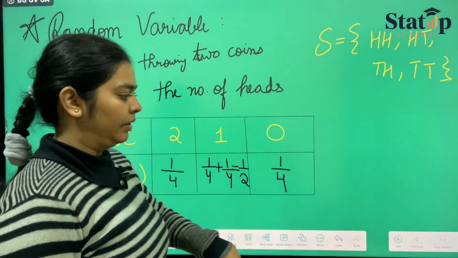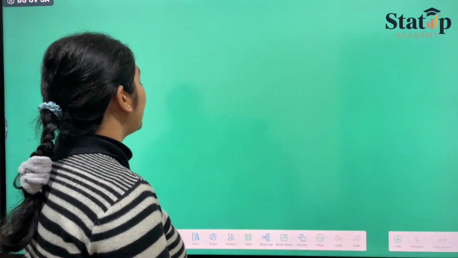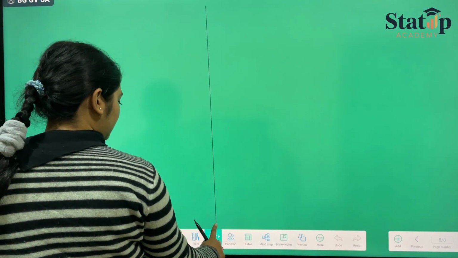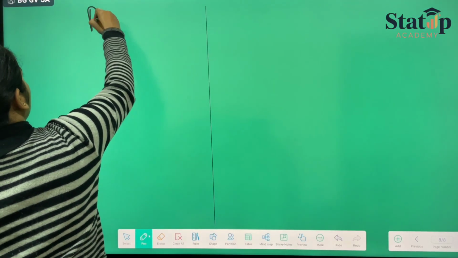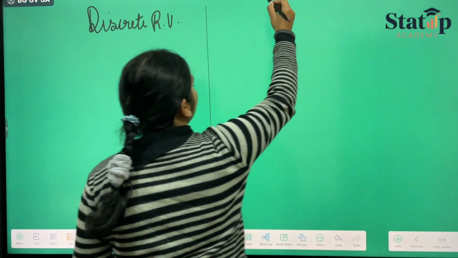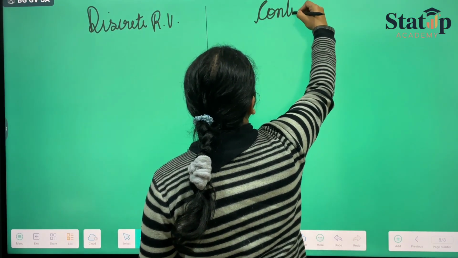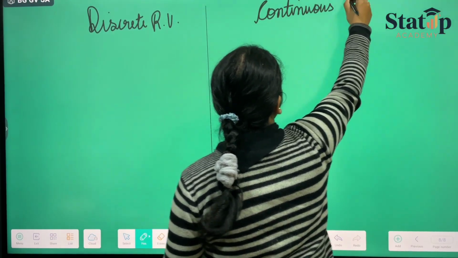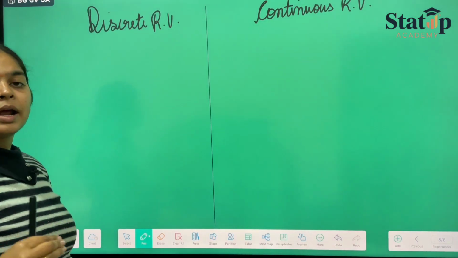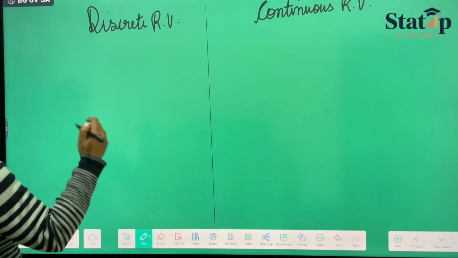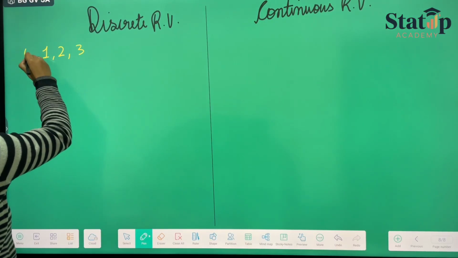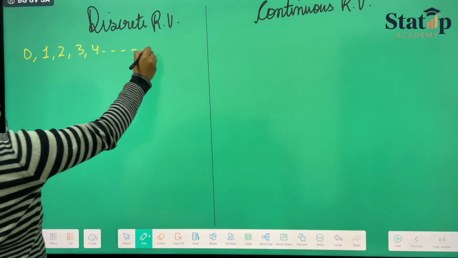Now there are two kinds of random variable: discrete random variable and continuous random variable. A discrete random variable takes discrete values, which are the integers 1, 2, 3, 0 also, 4, and so on.